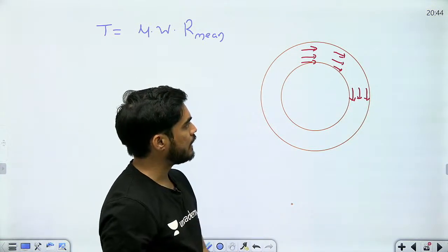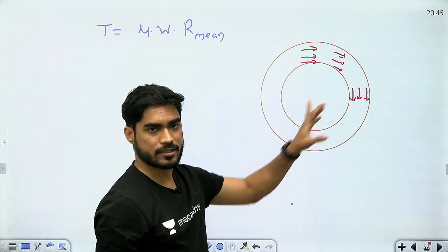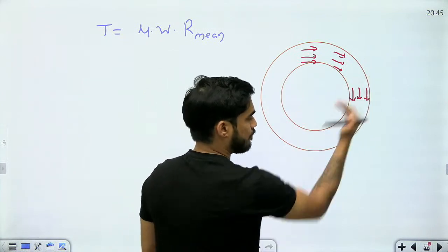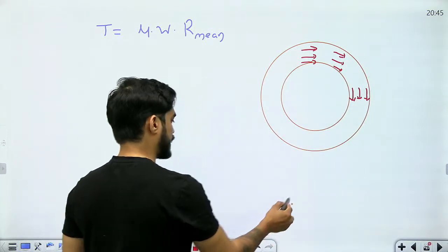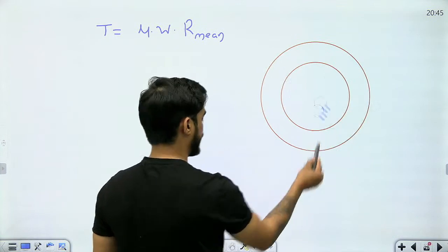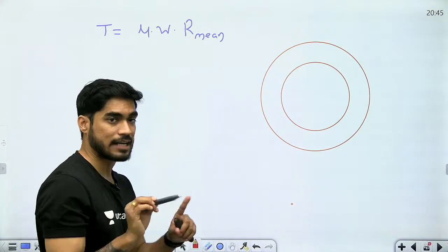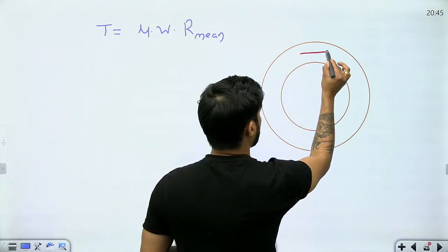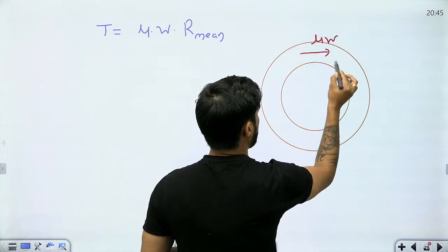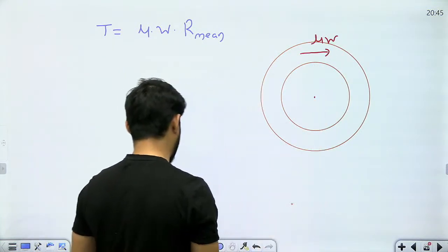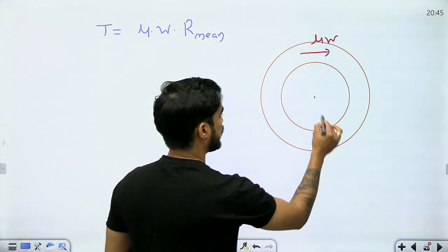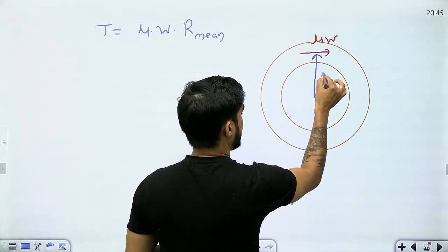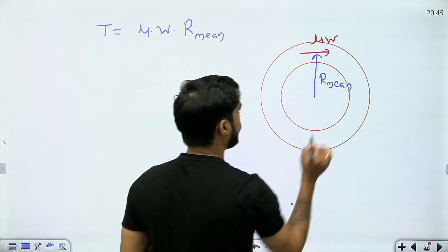The entire friction force is not acting at one distance, it is distributed from R1 to R2. But if I assume that the entire friction force is acting at one particular distance, that distance will be R mean.